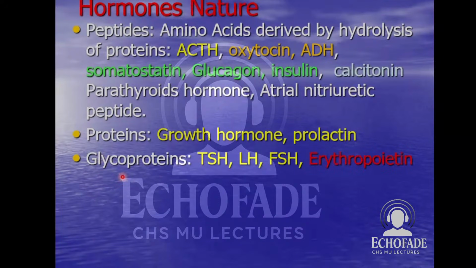Usually these are combined by the Golgi apparatus, so we'll have a very well developed Golgi apparatus in the cells that secrete these hormones. These include thyroid stimulating hormone, luteinizing hormone, and follicle stimulating hormone, which are from the hypophysis, and erythropoietin, which is produced by cells of the kidney.